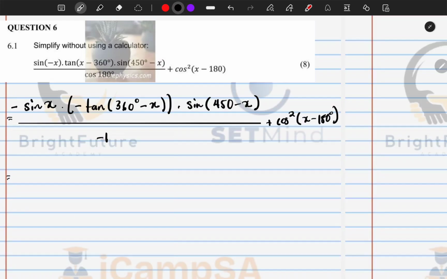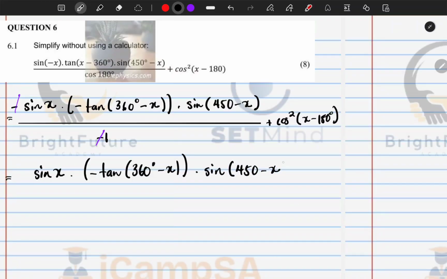Right, so now it becomes easy. You have -1, so we can just cancel this and that. So now I'll be left with sine of x times minus tan of 360 degrees minus x, times sine of 450 minus x.